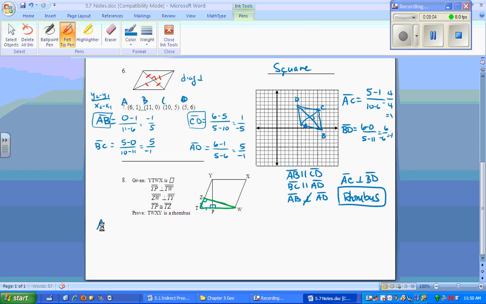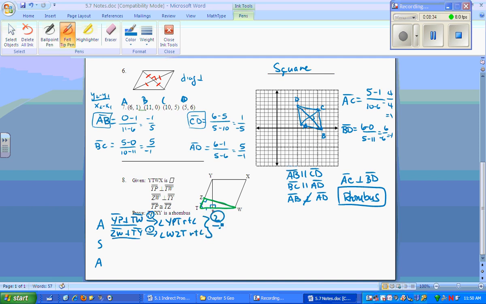All right. Well, first off, we had YP perpendicular to TW, giving you angle YPT is a right angle. We're also given that WZ is perpendicular to TY, giving you a right angle at WZT.